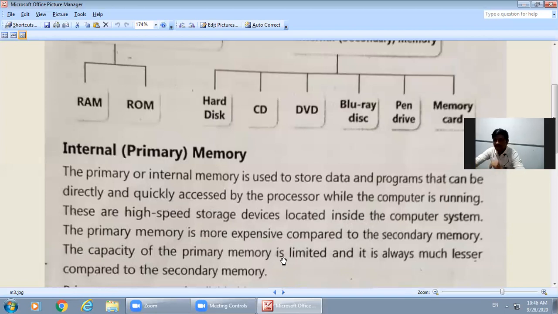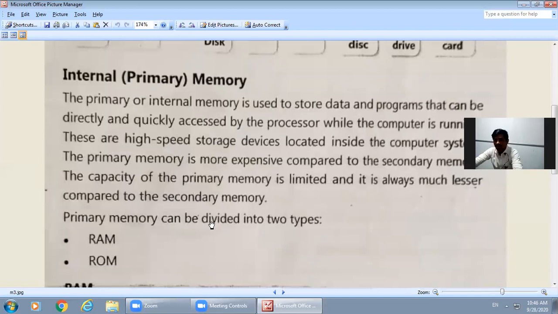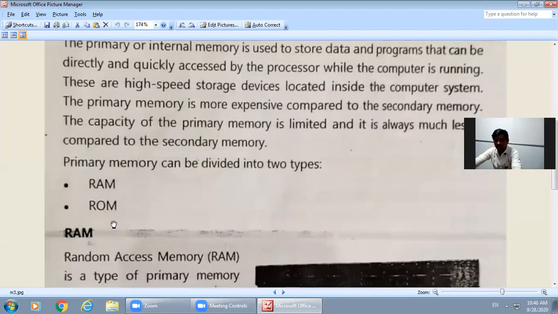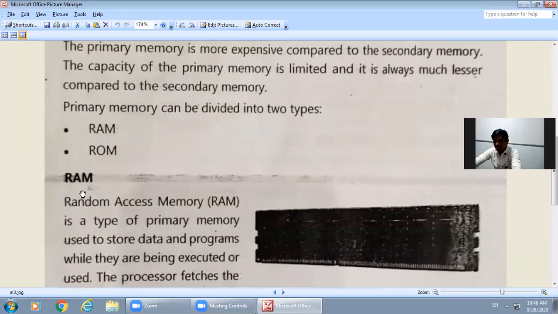than our secondary memory. Now see, primary memory can be divided into two types, that is RAM and second is ROM. See about this. RAM means random access memory. RAM is a type of primary memory used to store data and program while they are being executed or used.